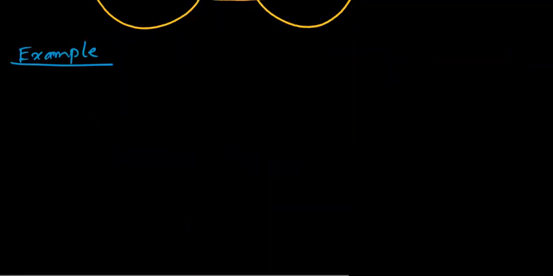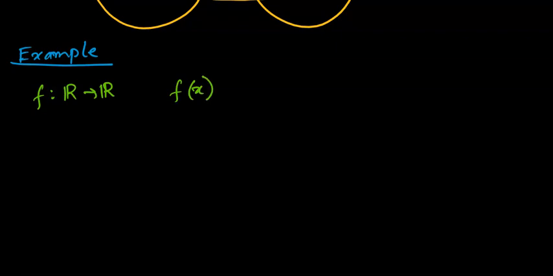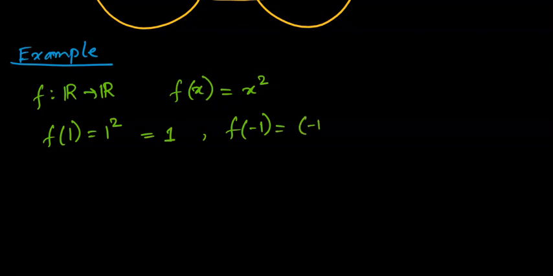Now let's take an example. Suppose f from R to R is defined by f(x) is equal to x square. Now you have to say whether it is injective or not. So you see f(1) is equal to 1 square, that is equal to 1, and f(-1) is also (-1) square, that is also 1.